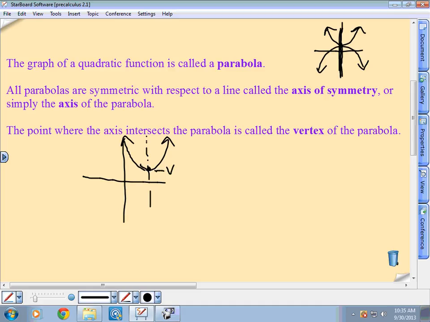This should be mostly reviewed at this point, right? So that point there where your axis of symmetry crosses or intersects your parabola is going to be called the vertex. And if we were looking at it the opposite way, there's my axis, and then there's my vertex.